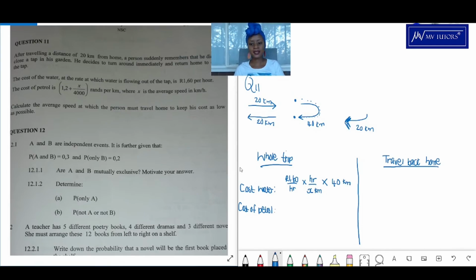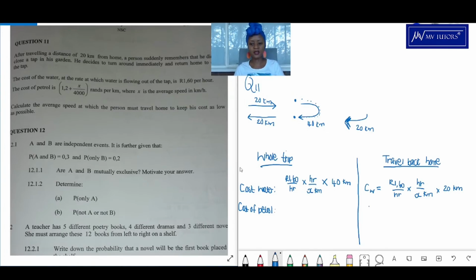On the other side, the cost, just going to say C, water. I also have 160 per hour, and I have that speed which is X kilometers per hour. I'm going to multiply by the distance, which is him just going back home, which is half the distance, that's 20 kilometers.